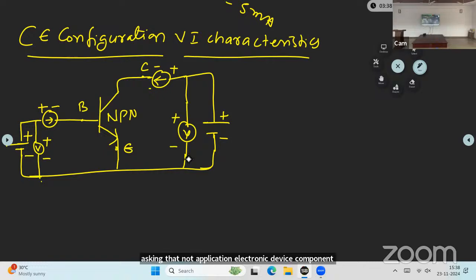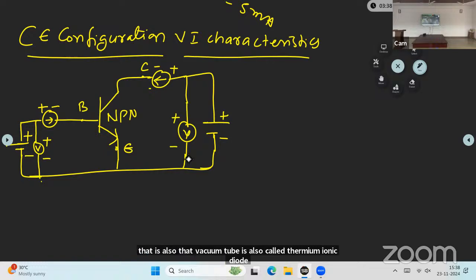The first electronic device is the vacuum tube, that was invented in 1904. Who invented the vacuum tube? John Fleming. That vacuum tube is also called the thermionic diode.